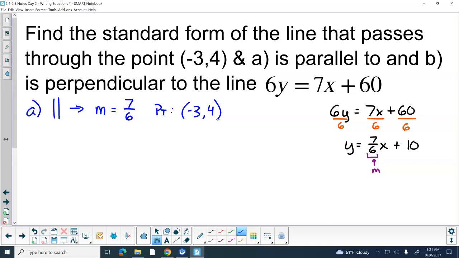With me? Okay. So I would use the point slope form. The point slope form says y minus y sub 1, in this case that's 4, equals my slope times x minus x sub 1, which is -3, so that becomes a positive 3.